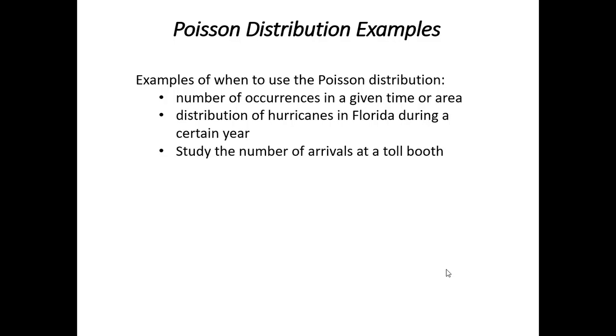Another one might be the number of arrivals at a toll booth over a certain period of time. It could be the number of arrivals in a minute or in an hour. You could also use the Poisson to study the number of hits a website gets, let's say, in 1 minute.